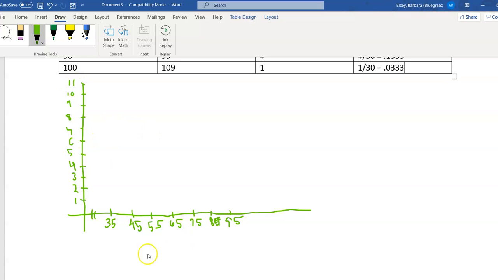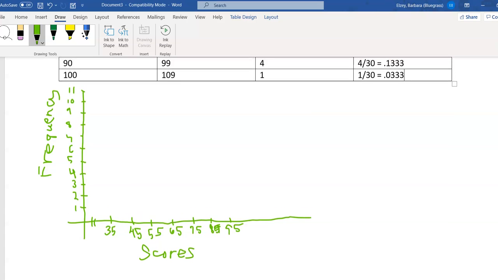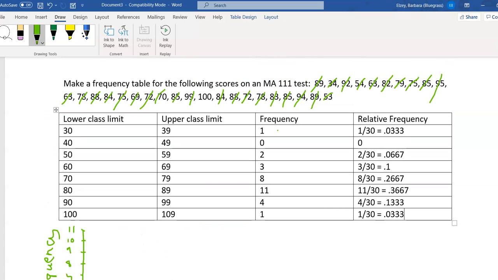Okay, now we want to label these. Down here, this was the scores. We could even put scores on a test if we want. And then over here, this is the frequency. And trying to write the word frequency in this direction is going to be a challenge. There we go.